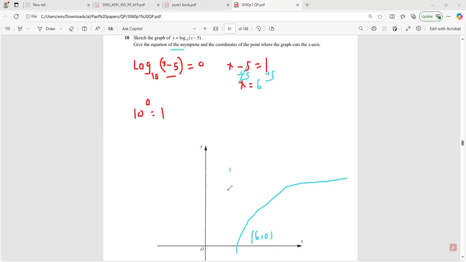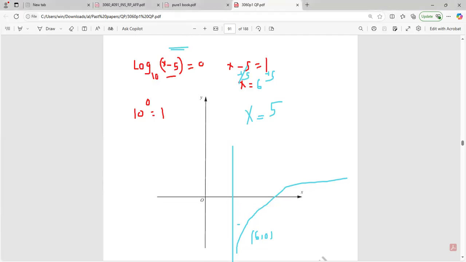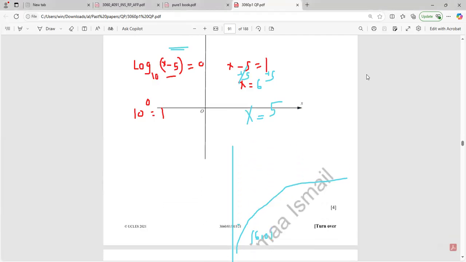Here the asymptote will be x equal to the number right before the 6, because here it has an asymptote. So the equation will be x equal to 5. So you don't have to move after it. And I think that's done. Let's see the next.